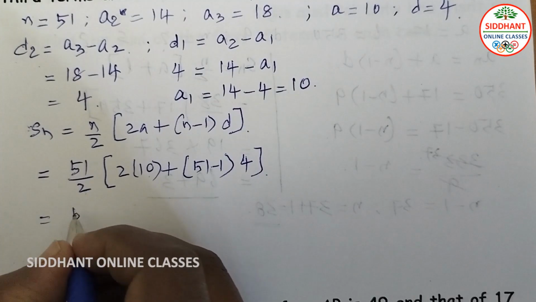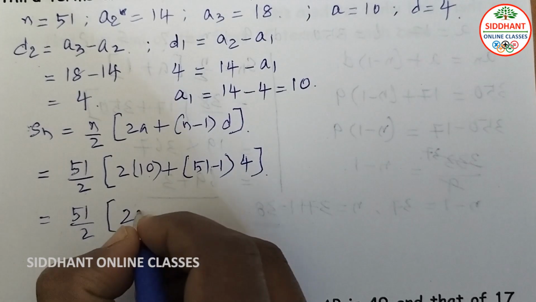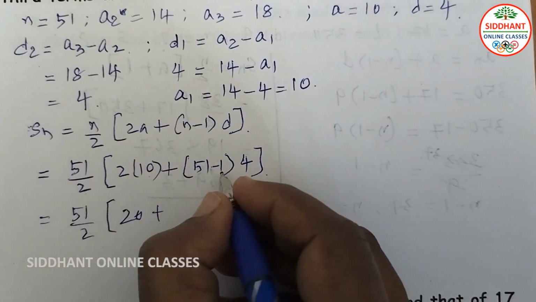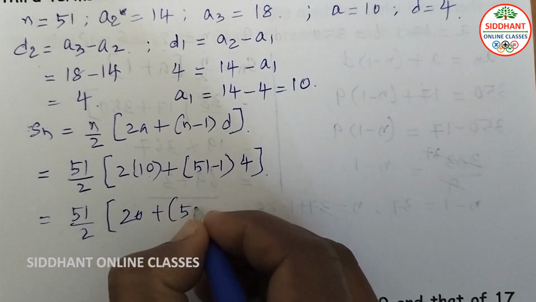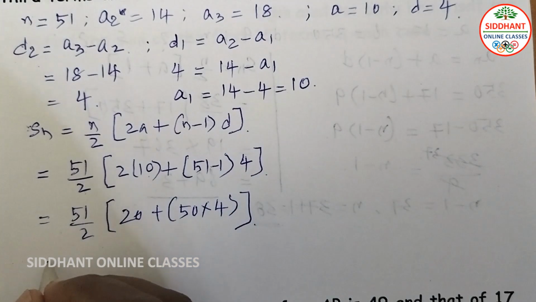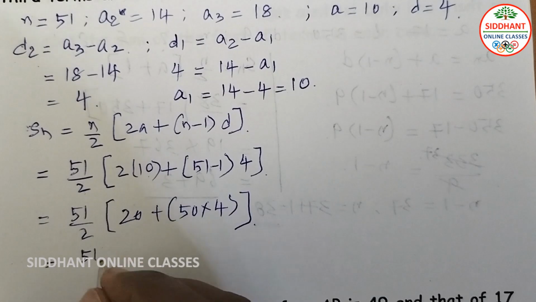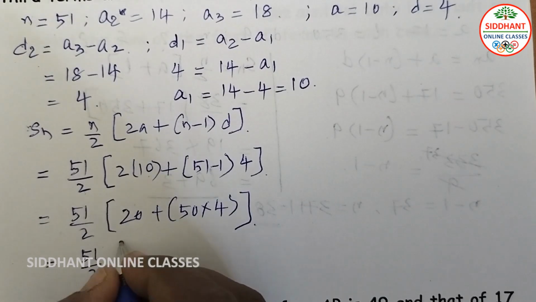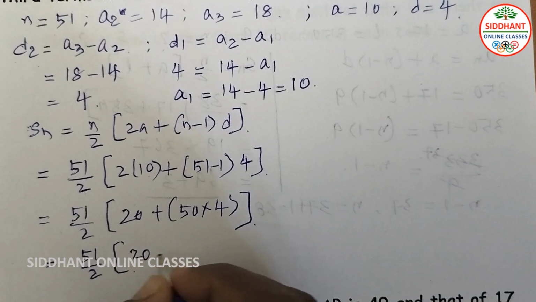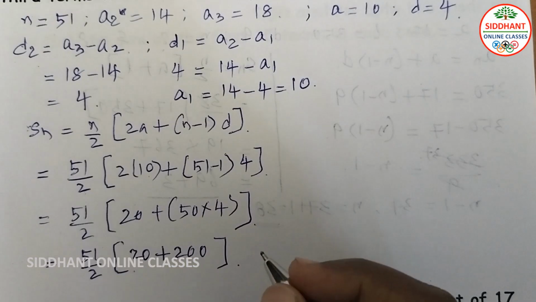So that equal to 51 by 2 into 2 into 10 which is 20, plus 51 minus 1 is 50, into 4, which is 200.